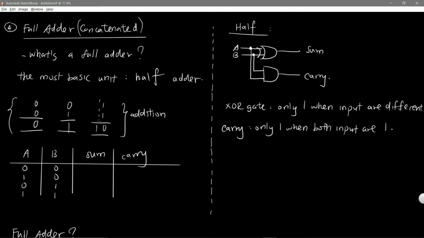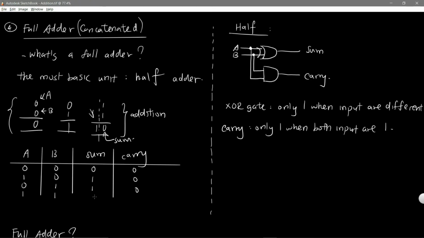Whatever's in this column here is called a carry, and this is called a sum. So you see you have the sum and the carry here. Let's say this is A and this is B. If both of them are 0, sum and carry are both zeros. If either of them is 1, you have a sum of 1 and carry of 0.